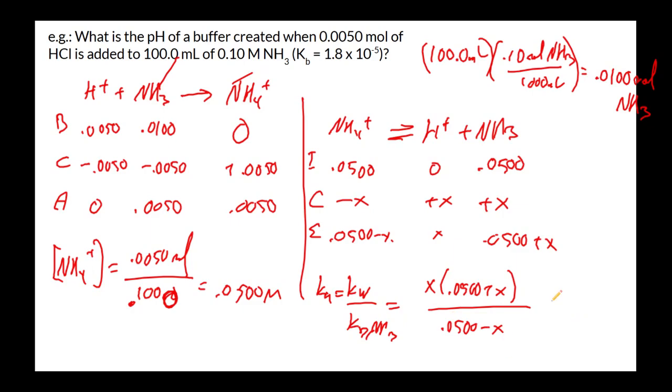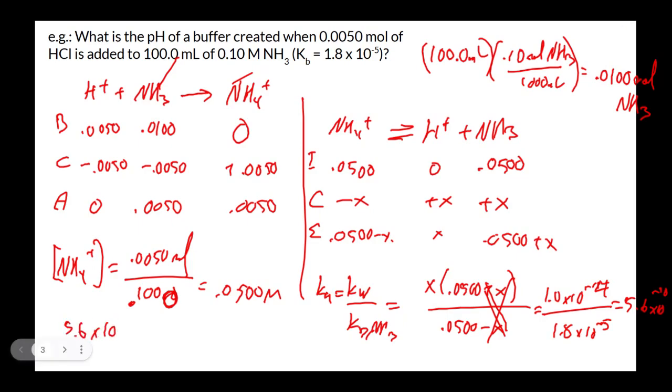But this is going to be equal to 1 times 10 to the minus 14th over the Kb, which was 1.8 times 10 to the minus 5, and that's going to be 5.6 times 10 to the negative 10th, which is a very small number. So the simplification of leaving off those x's will be definitely viable.